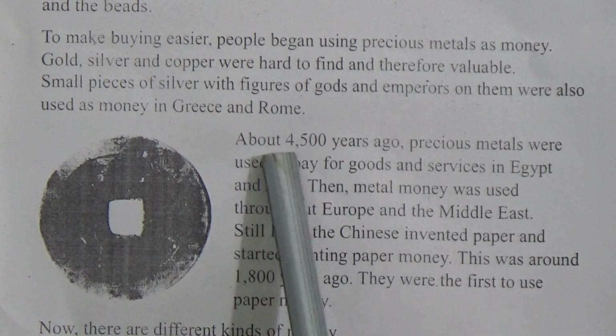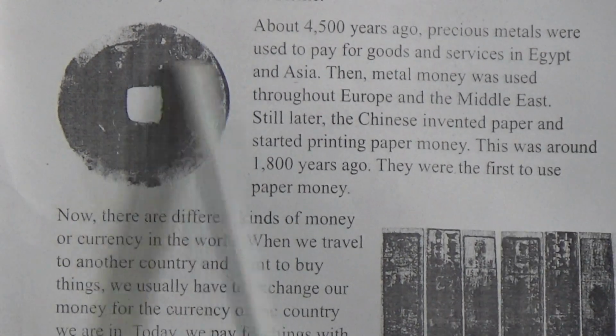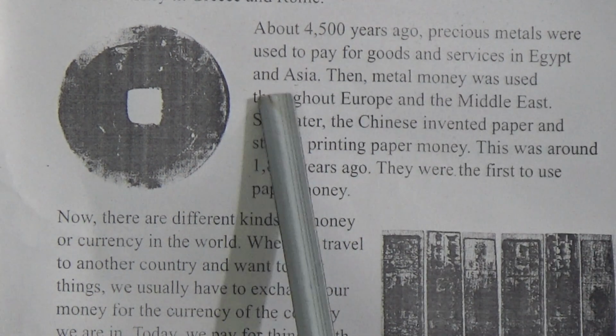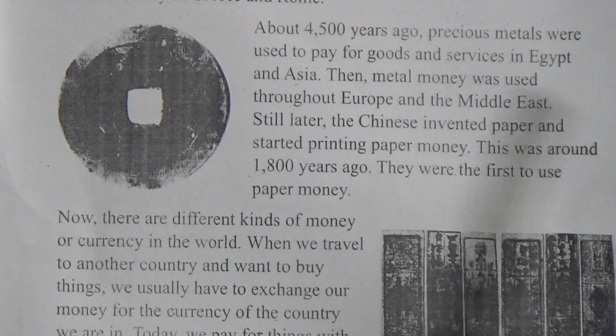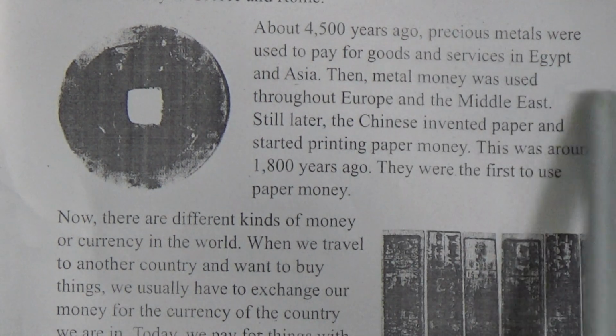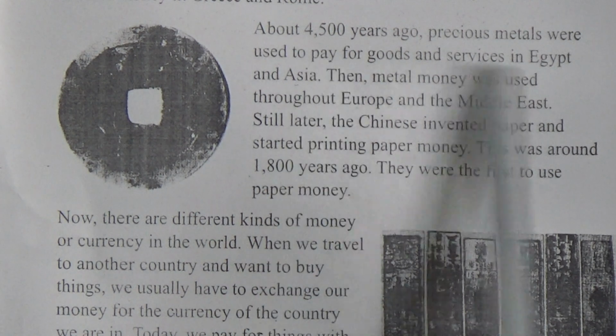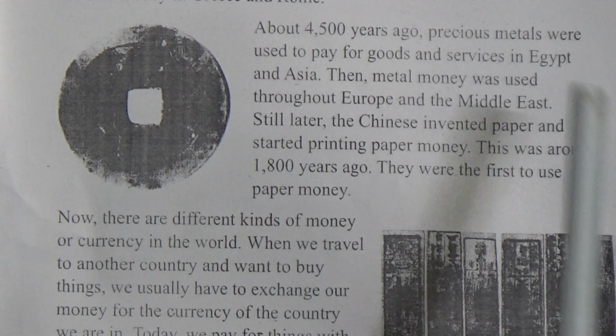About 4,500 years ago, precious metals were used to pay for goods and services in Egypt and Asia. Okay, so actually precious metals like gold and silver were used to pay for goods or things.